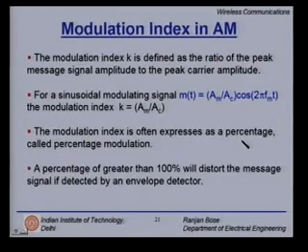A percentage greater than 100 will distort the message signal if detected by an envelope detector. When we talk about detectors, we will find that the envelope detector is one of the cheap popular ways for detecting AM signals in the absence of the carrier frequency.